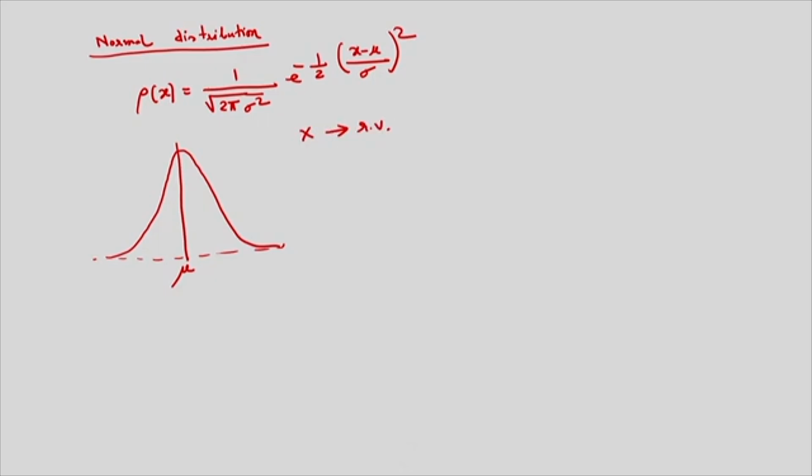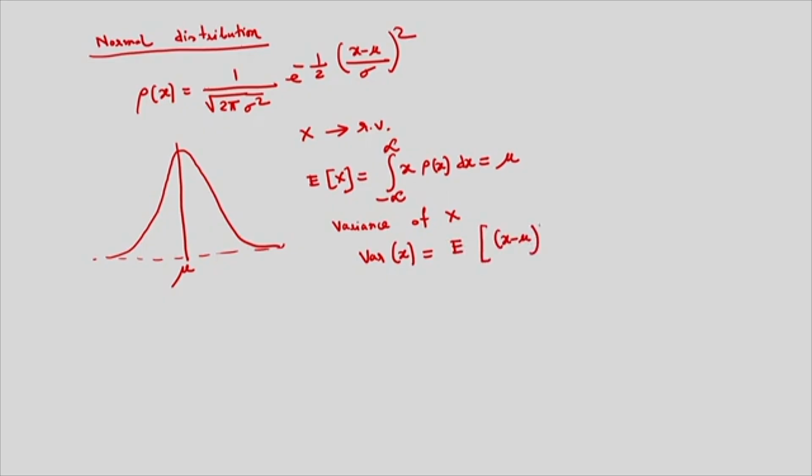Now what is the expected value of x? The expected value of this random variable is the integral from minus infinity to infinity of x p(x) dx, and that is nothing but the mean of the normal distribution. And what is the variance of x? The variance of x is the expected value of x minus mu whole square, which is the integral from minus infinity to plus infinity of (x minus mu) whole square times the density dx, and that is nothing but sigma square.